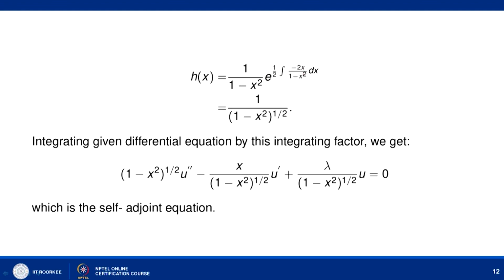This we can simplify and write as 1 upon 1 minus x square times exponential of 1 by 2 ln of 1 minus x square. So we can write this as 1 upon 1 minus x square times the square root of 1 minus x square, and simplifying we have h of x as 1 upon (1 minus x square) to the power half. It means that by multiplying by this function h of x, we can make our differential equation self adjoint.